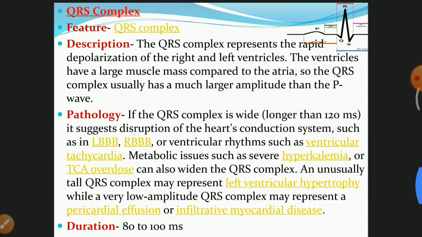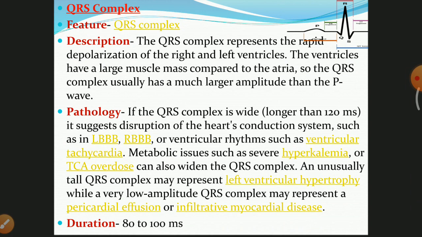Then another wave, the QRS complex. This is a triangle-shaped wave. After the PR interval, we see the QRS wave. The QRS complex represents the rapid depolarization of the right and left ventricles.